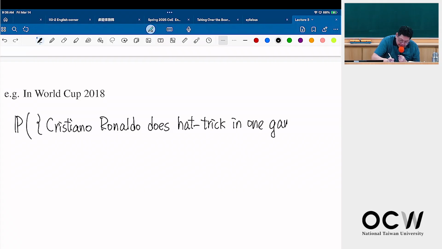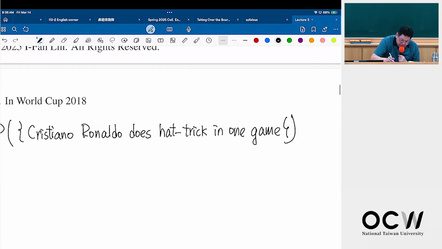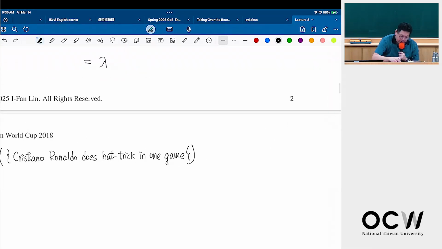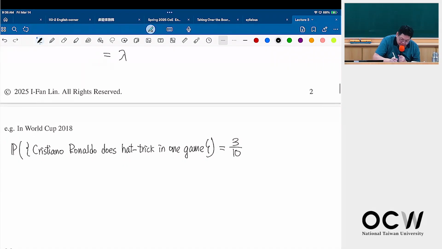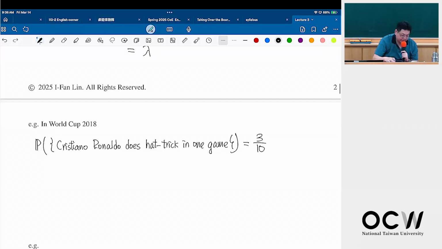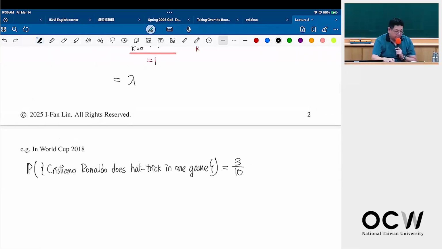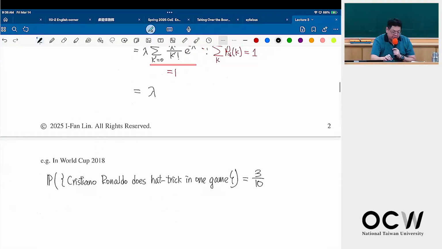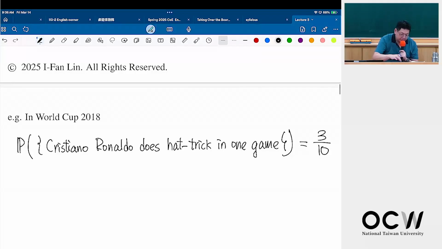This is the event. Okay, so here I have curly brackets. This probability is, suppose, 30%. Okay, for this statement, that also implies one thing.